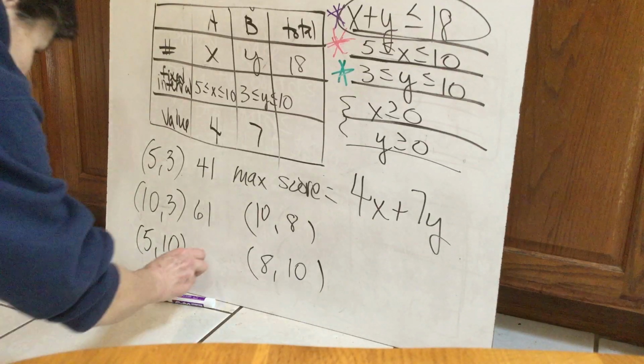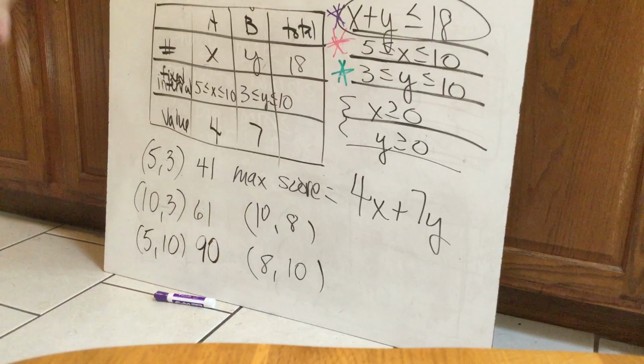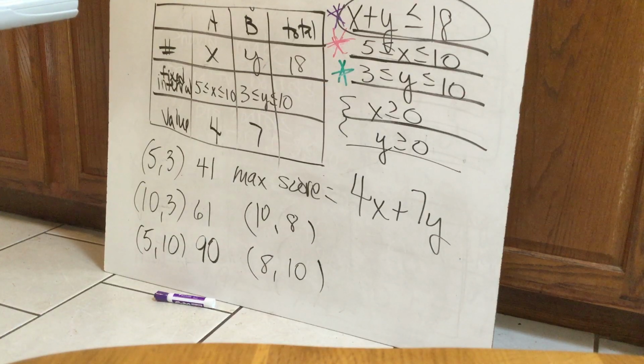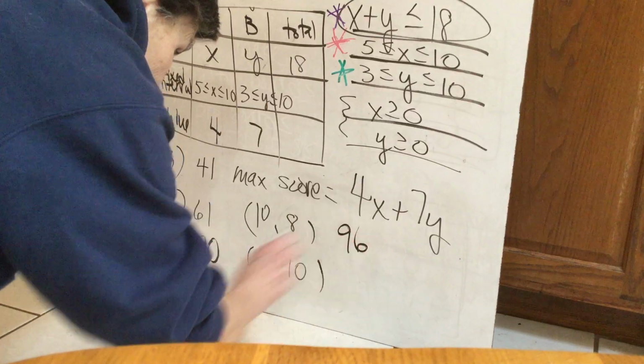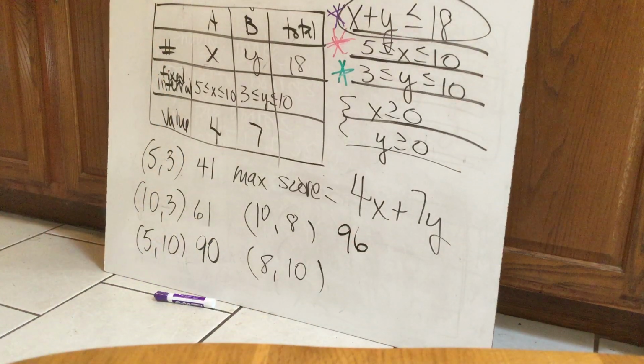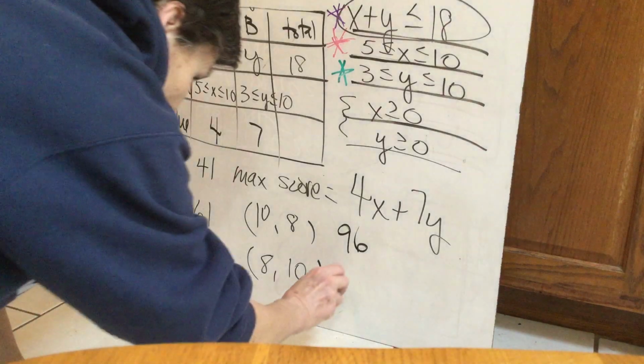That's 90. 4 times 10 and 7 times 8 is 96. And 4 times 8 and 10 times 7 is 102.